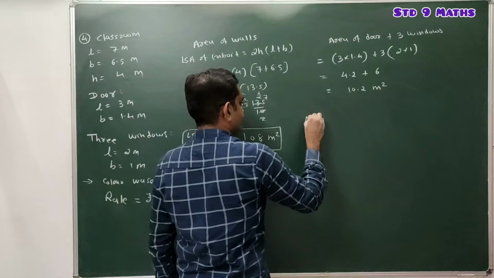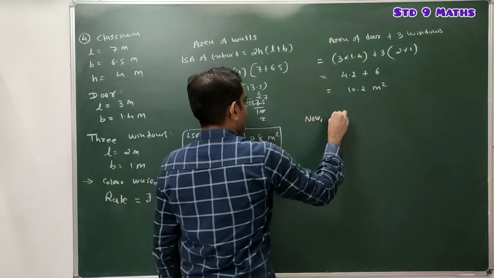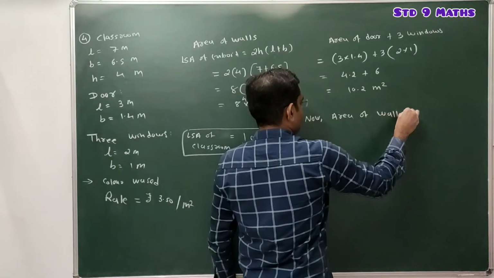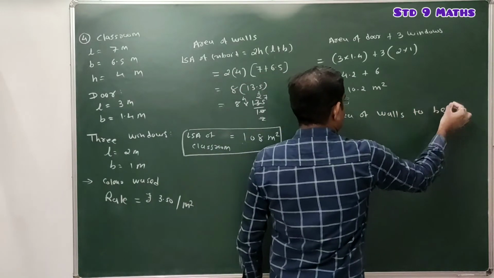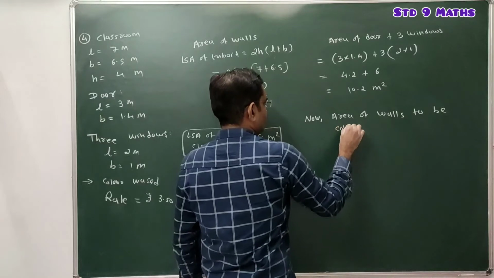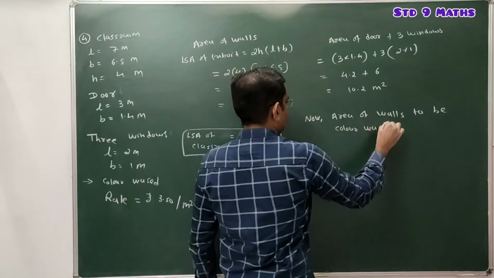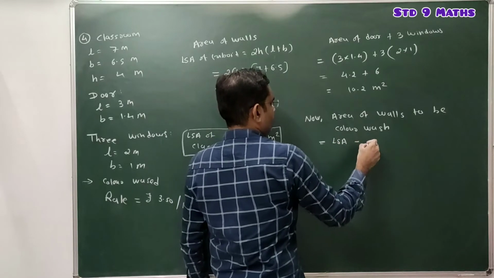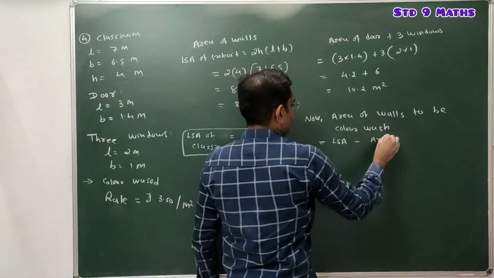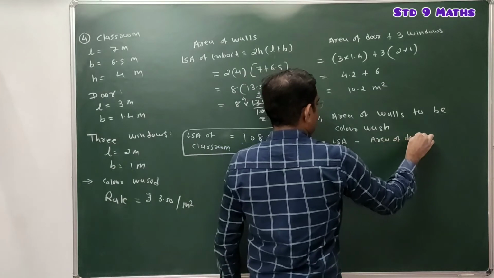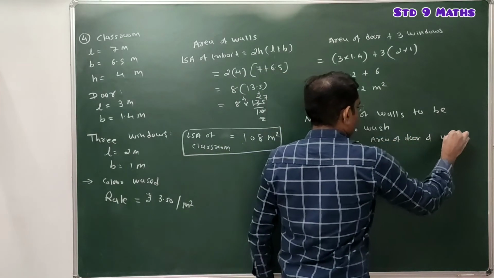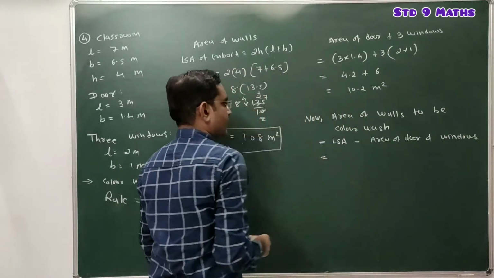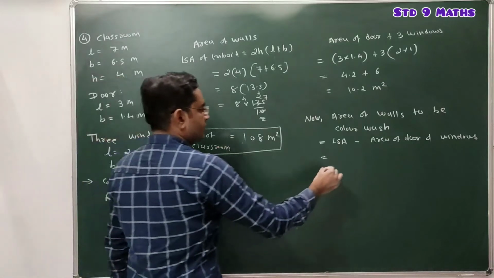So now next step, that is area of walls to be color washed, that is equal to lateral surface area minus area of door and windows. Done. So lateral surface area of this cuboid is nothing but the 108.